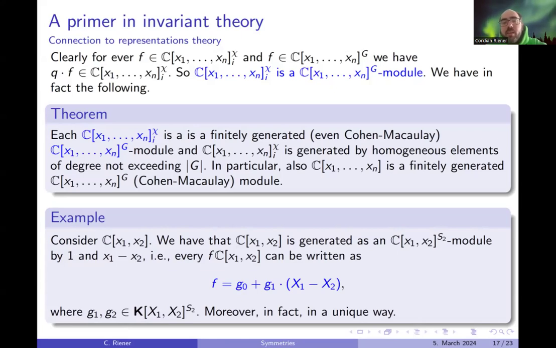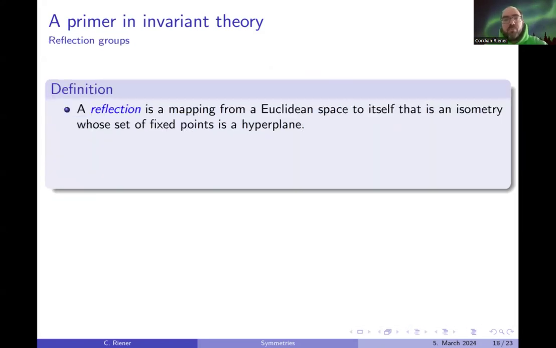So that means that every polynomial that I have, doesn't need to be symmetric, can be written as a symmetric polynomial g0 plus another symmetric polynomial g1 times x1 minus x2. This is what it means to be finitely generated. So every polynomial can be written as that. And in fact, this representation in this setup is actually unique. So it means that our polynomial ring is not only a module, but it is actually a free module.